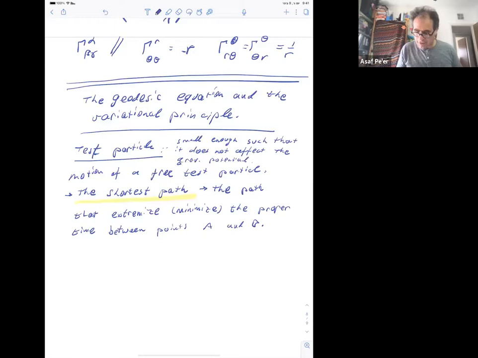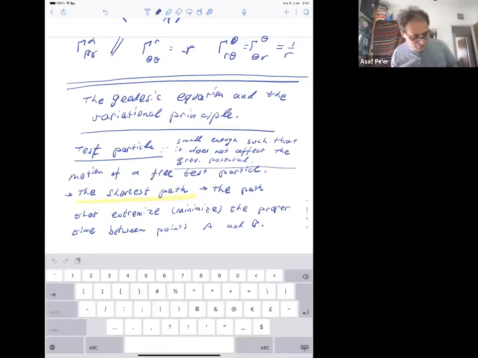So, not affect meaning can be neglected. So, its effect on the gravitational potential can be neglected.